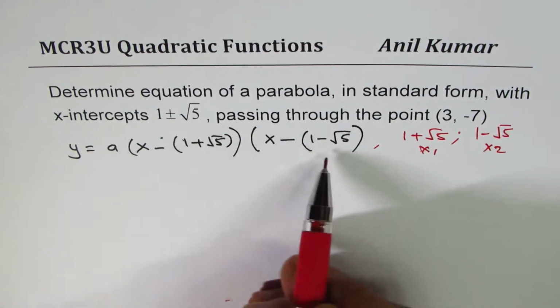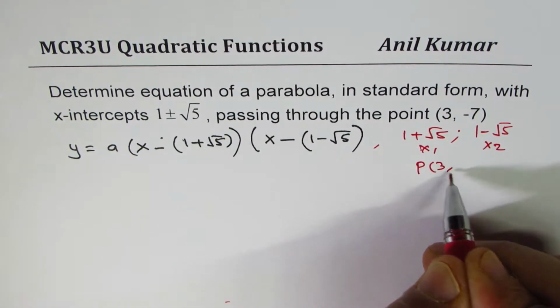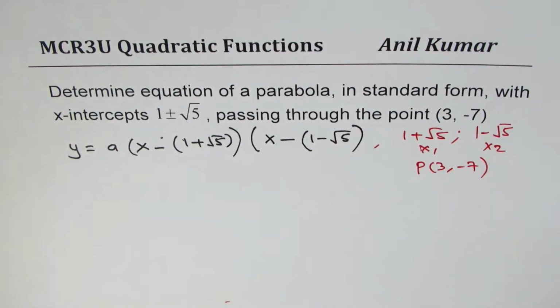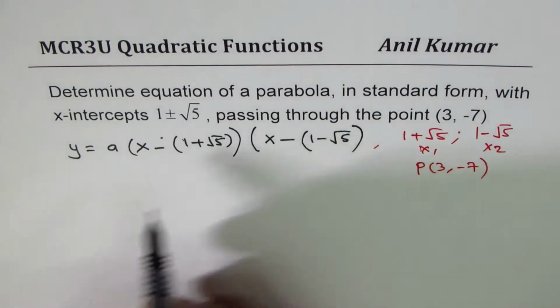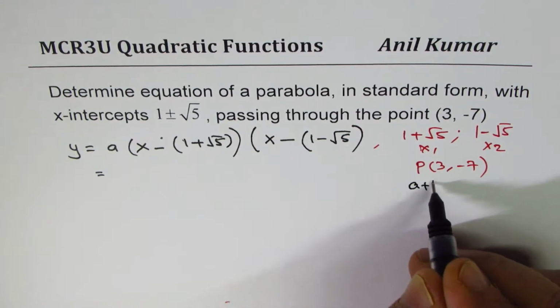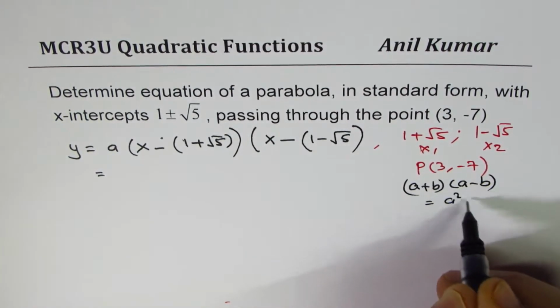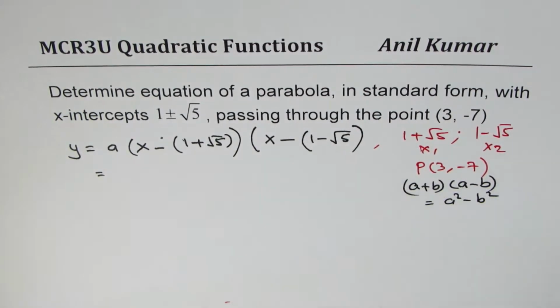A, so that we are specific, we know that the point is 3, minus 7, right? Okay. Now at this stage, to expand, we can use the strategy a plus b times a minus b equals a square minus b square, right?